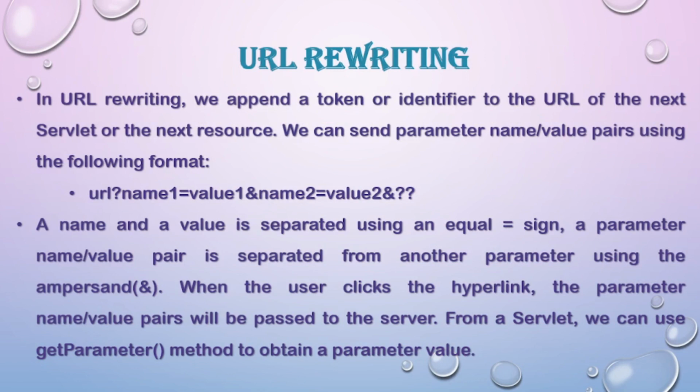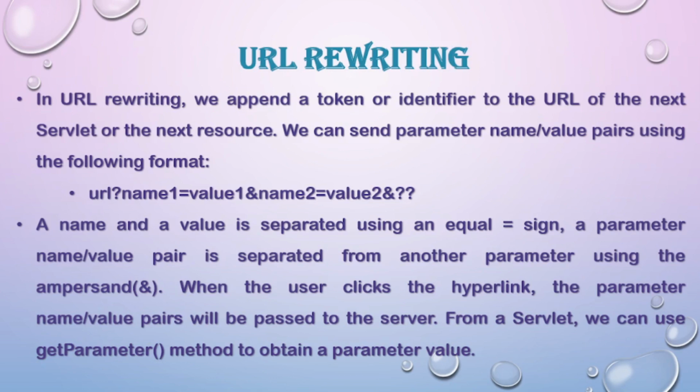In URL rewriting, we append a token or identifier to the URL of the next servlet or the next resource. We can send parameter name/value pairs using the following format. A name and a value are separated using an equal sign.